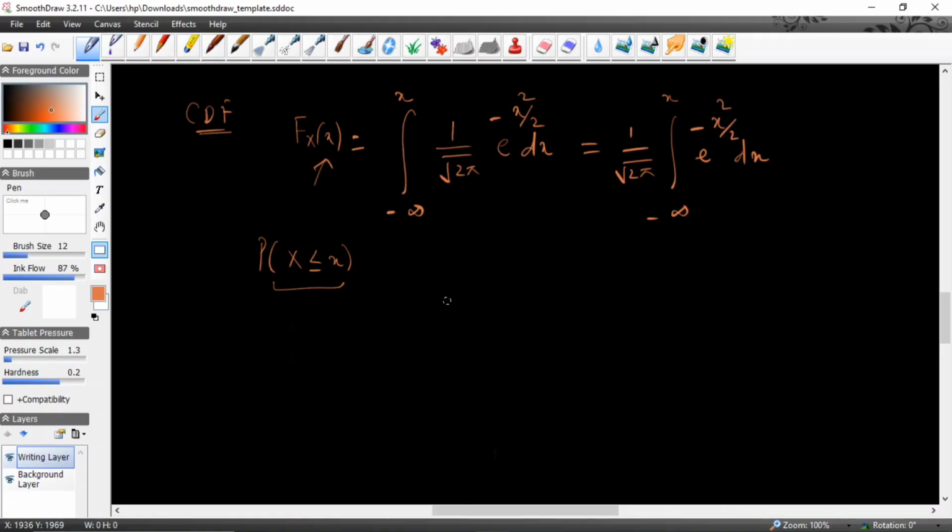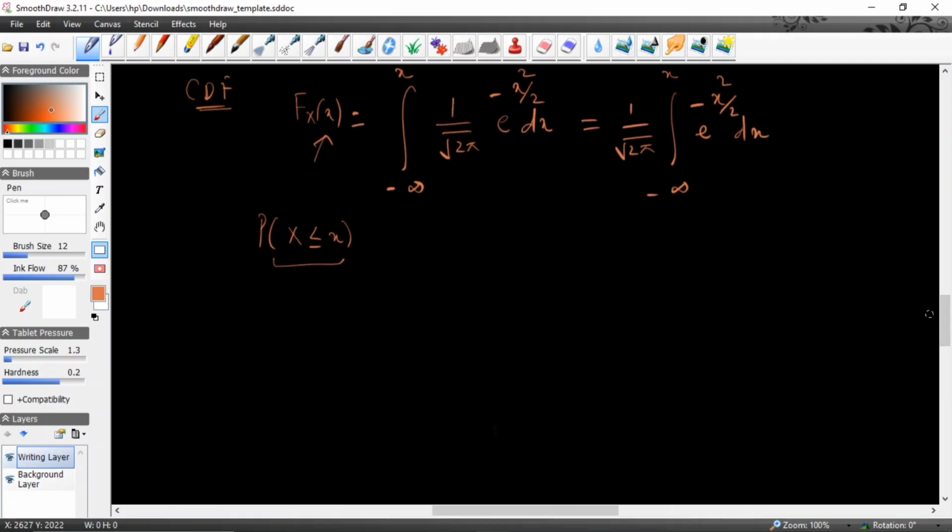Now if you want to find the CDF of this Gaussian random variable, we introduce a new function which we call the Q function, which is defined as Q(x) equal to 1 over root 2 pi times the integral from x to infinity of e raised to power minus x square by 2 dx.